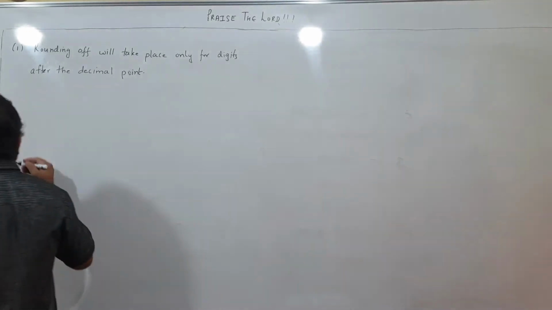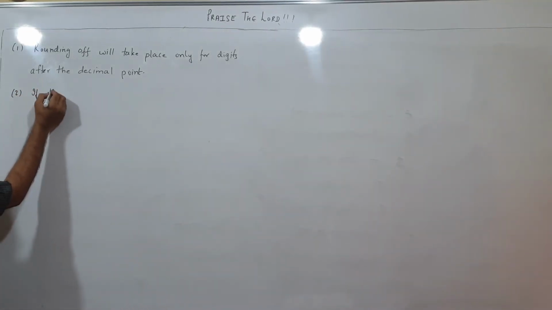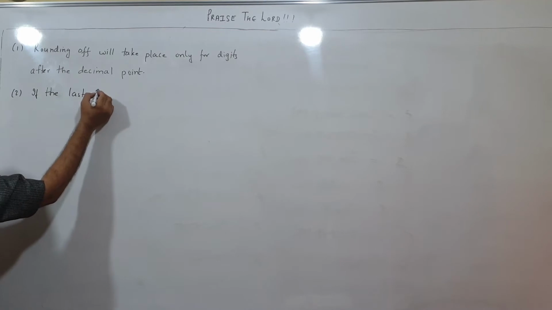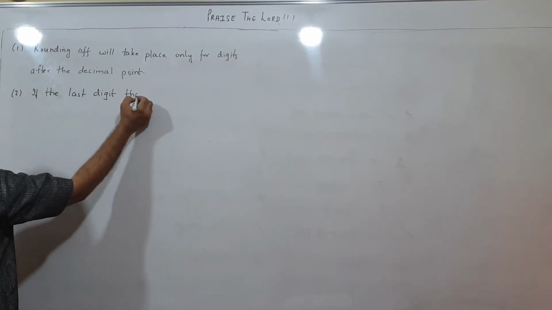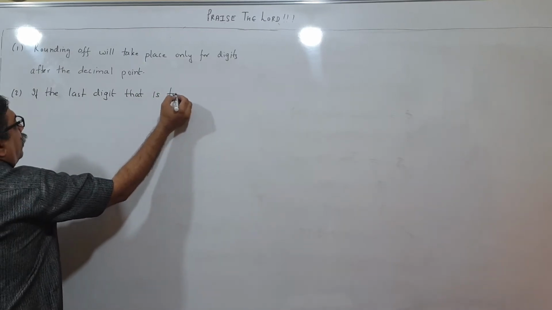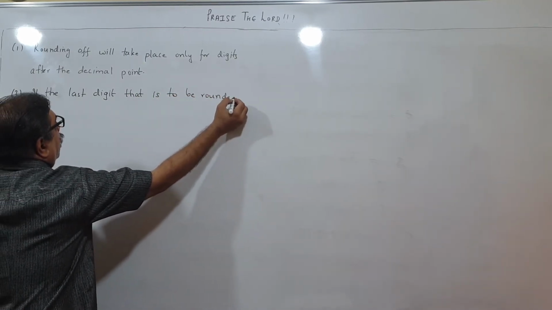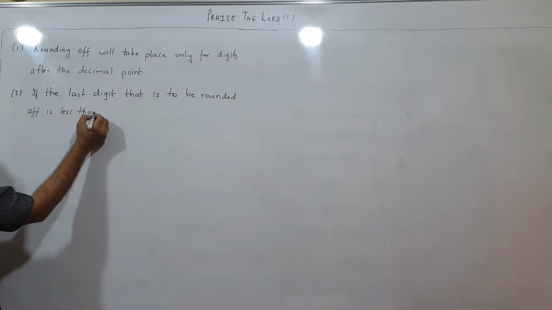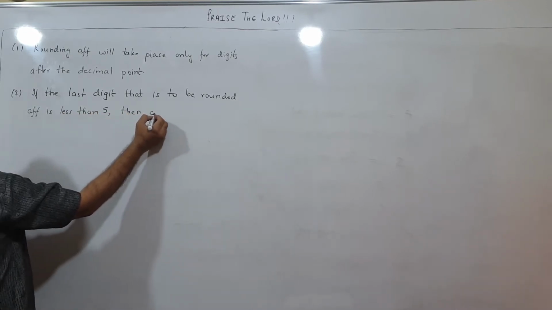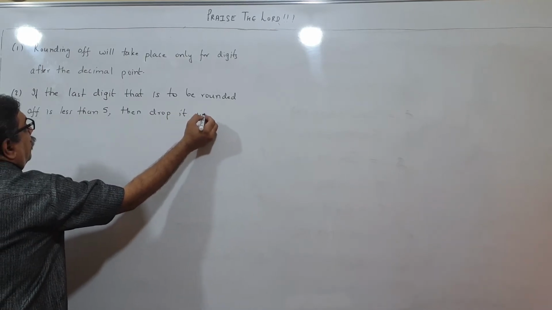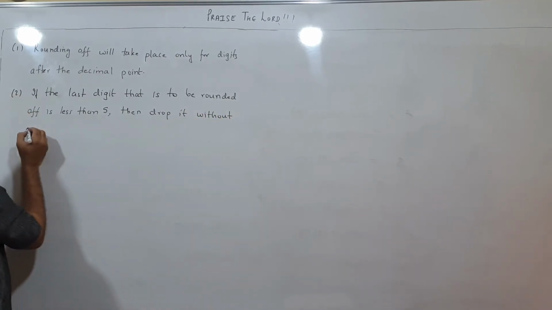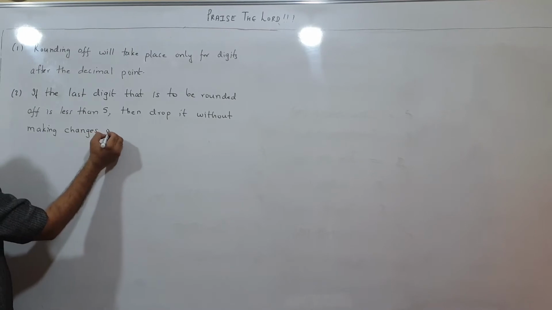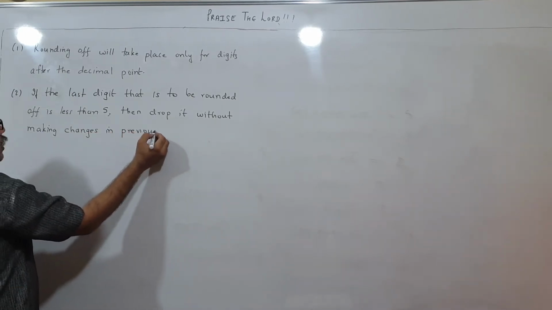Then second rule is, if the last digit that is to be rounded off is less than 5, then drop it without making changes in the previous digit.